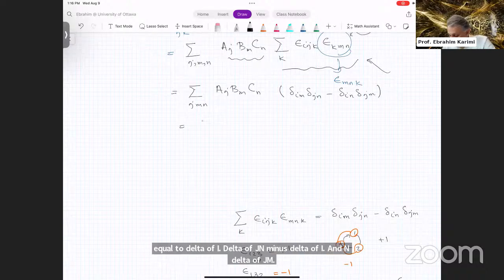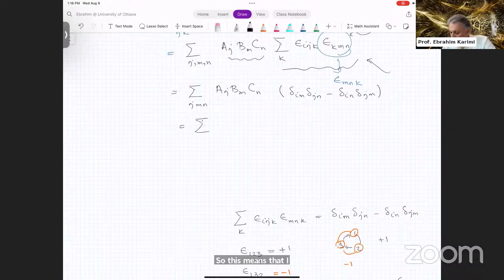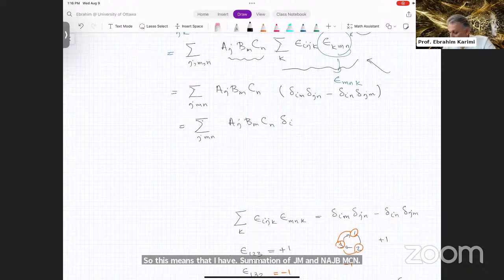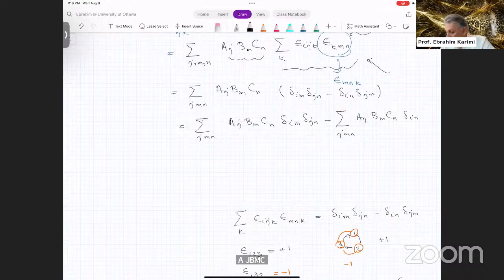So this means that I have summation of J, M, and N, AJ, BM, CN, delta of IM, delta of JN, and then minus summation of J, M, and N, AJ, BM, CN, delta of IN, delta of JM.